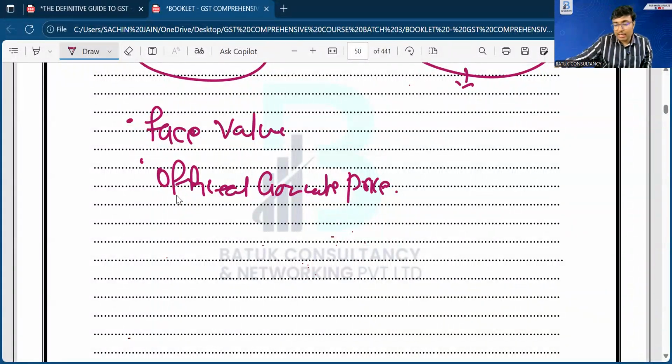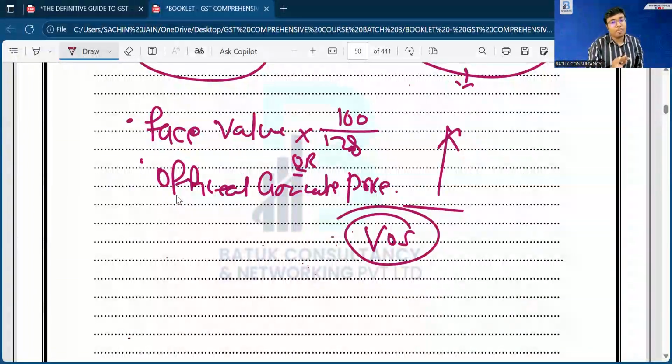Now the government has given a relaxation: face value multiplied by 100 divided by 128, whatever value comes. So face value multiplied by 100 divided by 128, or the price published in the official gazette, whichever is higher, will be treated as the value of supply, and on that value the distributor has to pay GST. That is the point we need to keep in mind.